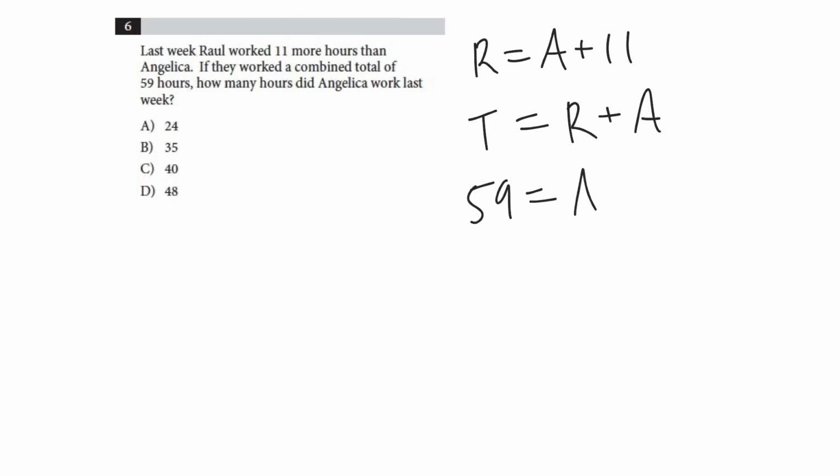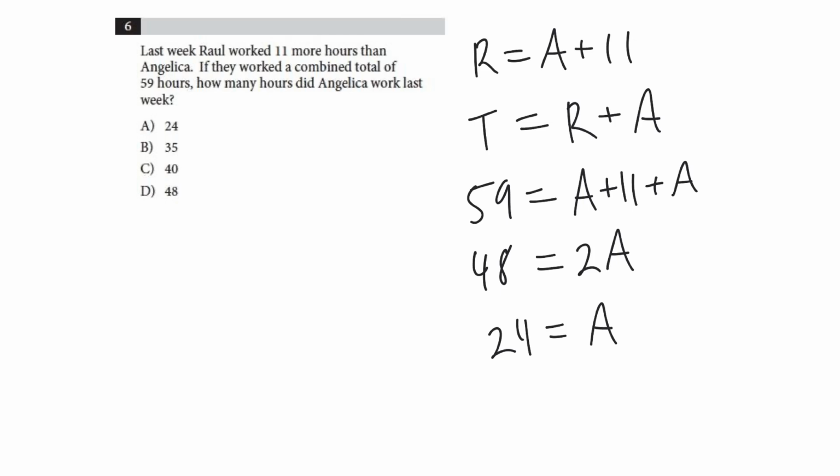So that's going to be A plus 11 plus A, and then we have 59. I'm going to subtract 11 from both sides. So I'll get 48 equals Angelica times 2. Divide by 2, 24 equals the number of hours that Angelica worked.